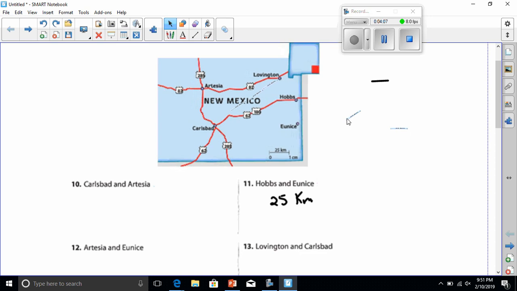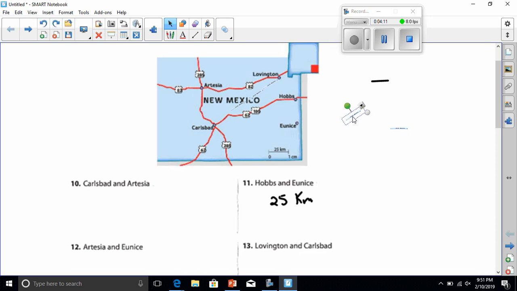And that's going to give me about, whoops. Yeah, looks about four of them. Okay, so that means there are 4 centimeters.